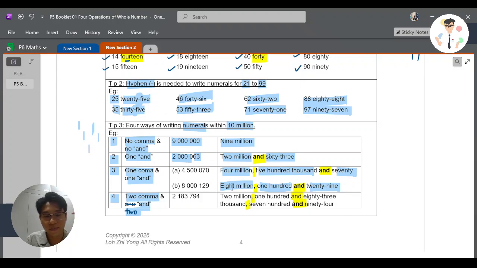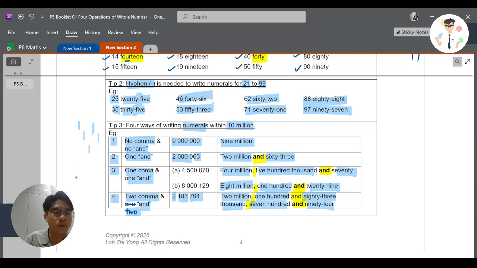Let's take a look here. 2 million, right? 100, right? 83,000, because here is 183,000. Then comma, 700, and again, there's always an "and" to connect that, 94. And that is basically what you will need to do to put them together.